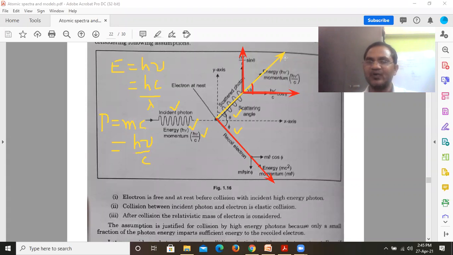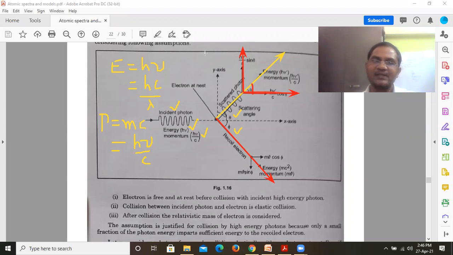That's why the scattered photon energy decreases. Hence, h nu dash is less than h nu, momentum h nu dash by c is less than h nu by c, and frequency nu dash is less than incident photon frequency nu. Frequency is decreased, so obviously wavelength increases, because frequency and wavelength are inversely proportional.